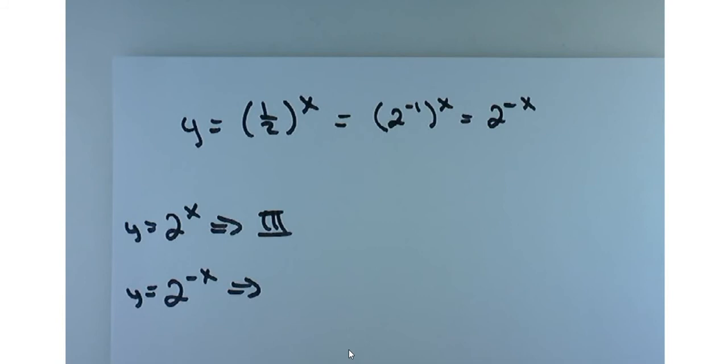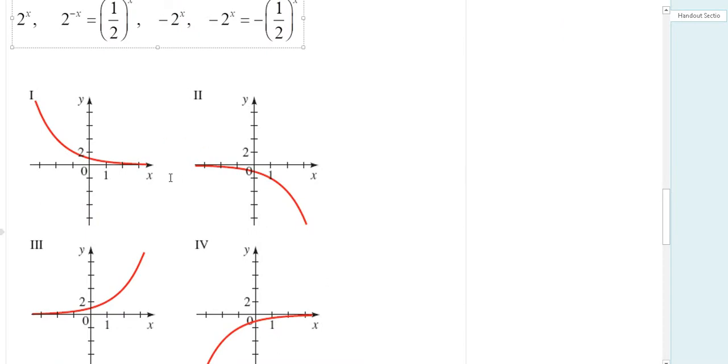So try imagining picking up your graph and spinning it around the y-axis. Which of those remaining 3 graphs kind of looks like that?